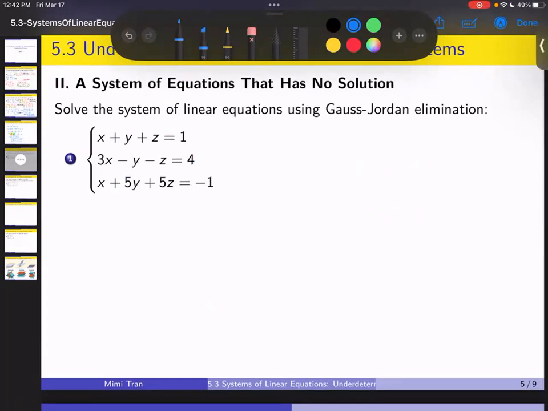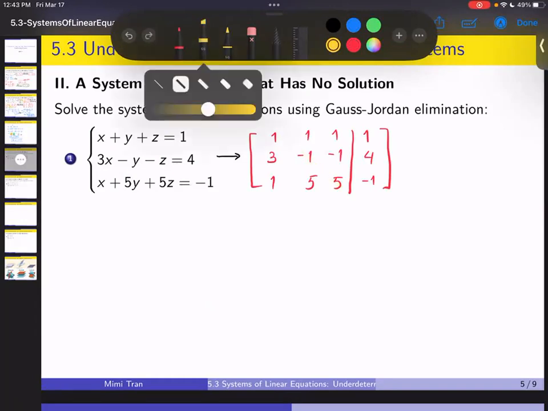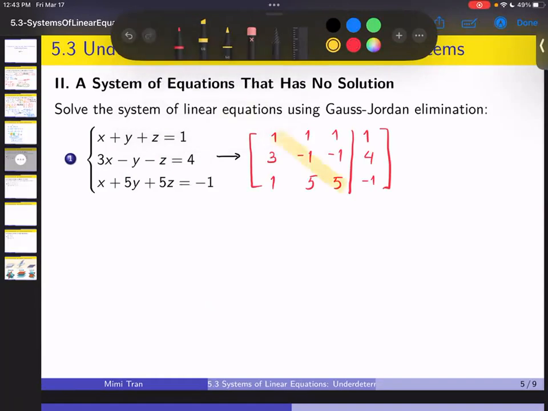You use Gauss-Jordan elimination, so put it in an augmented matrix and do what you usually do. 1, 1, 1, 1; 3, -1, -1, 4; 1, 5, 5, -1. Determine your diagonal. It helps in terms of visualization. If you don't have color, you can just circle it.